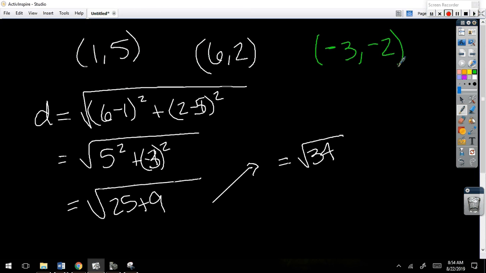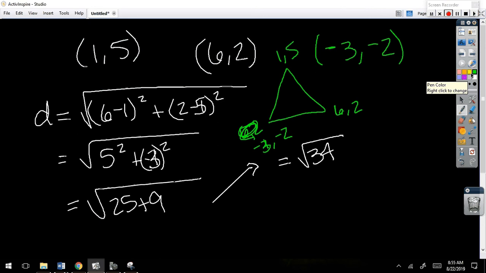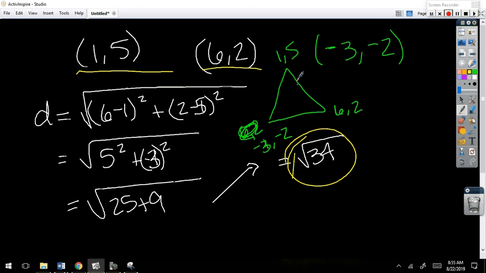If you think about a triangle and these are the vertices, so let's say this is 1, -3, -2. This is not going to be accurate at all, but I'm just saying for instance. What you found, this square root of 34, is between 1, 5 and 6, 2.